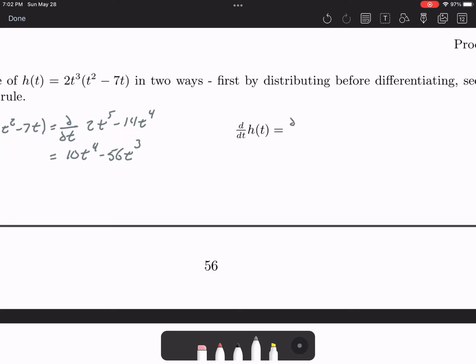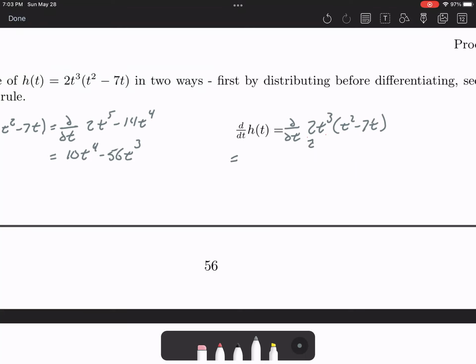Now the second way that we're going to differentiate this is by use of the product rule. So when we differentiate 2t cubed times t squared minus 7t, we can think of this as the product of this and this. And the product rule tells us that we choose one to differentiate, we copy down the other one, and then we just add the opposite of what we just did. So this derivative is going to be, let's differentiate the 2t cubed first.